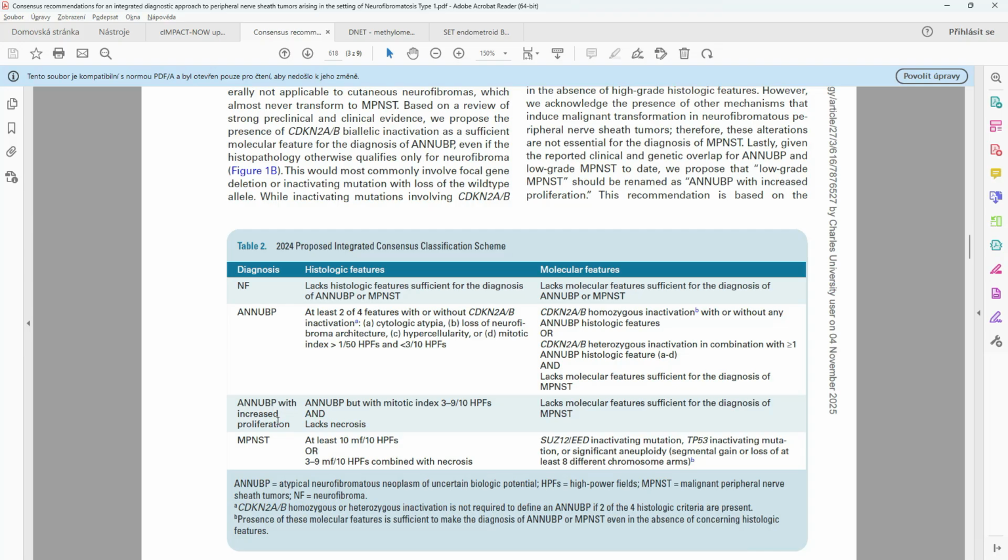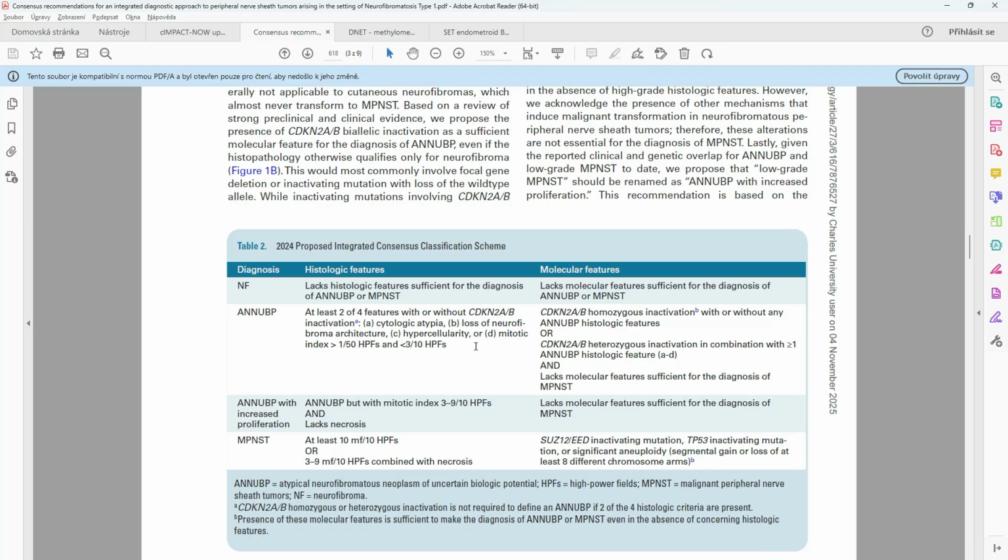And the reason is that we still don't know how these atypical tumors behave. Most of them behave in a benign manner, so are not aggressive in contrast to MPNST. So they omitted the name low-grade MPNST to avoid overtreatment in these patients.